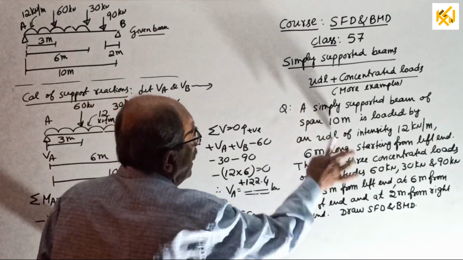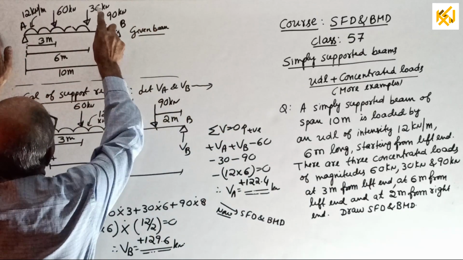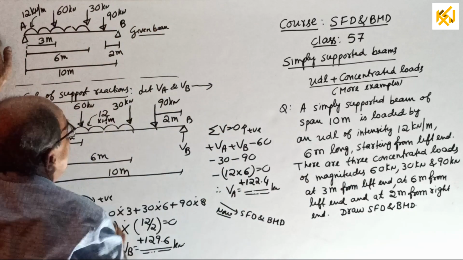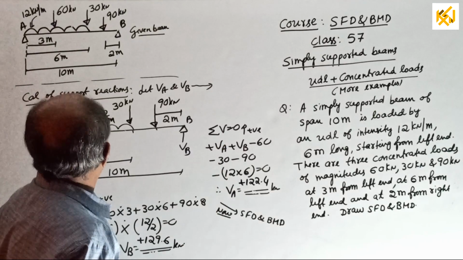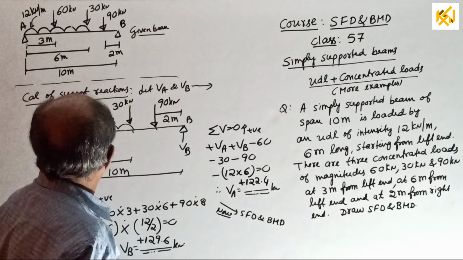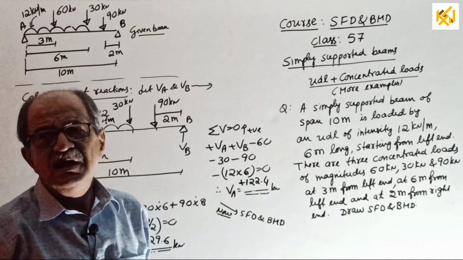I will not give words, I will directly give the sketch. The only change is that I will increase this 30 kilonewton load, maybe 65, 70, 75, 80, in that range.